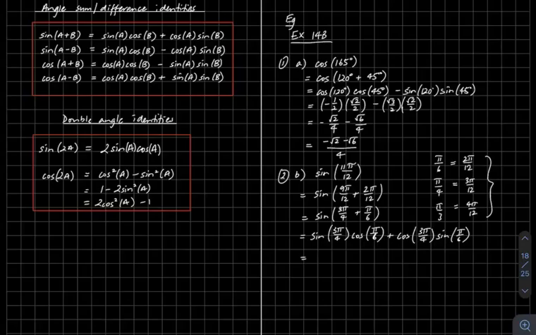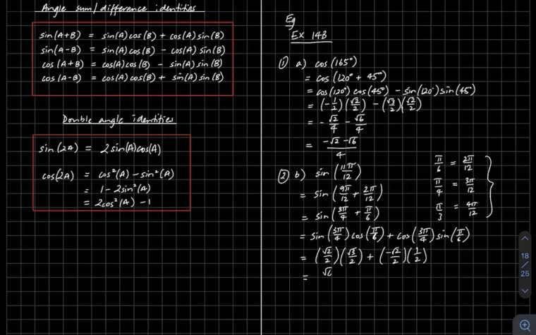Well, sine of 3 pi on 4, so that's in quadrant 2, and 3 pi on 4 has the same magnitude as sine of pi on 4, which is root 2 over 2. Cos of pi on 6 is root 3 over 2. Cos of 3 pi on 4 is negative root 2 over 2, and sine of pi on 6 is a half. So pretty important with these that we know our exact values.